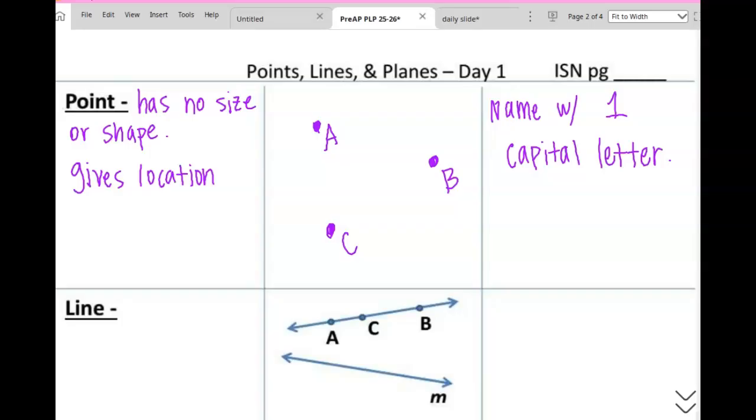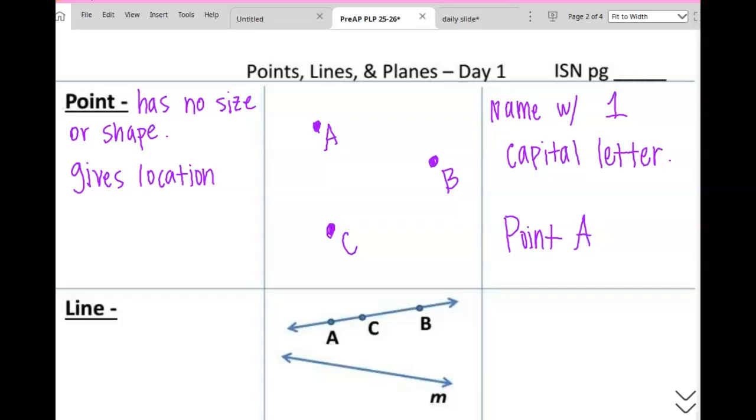Okay, write that down. So example would be point A, point B, point C, but when you see it in writing, you just say point A.